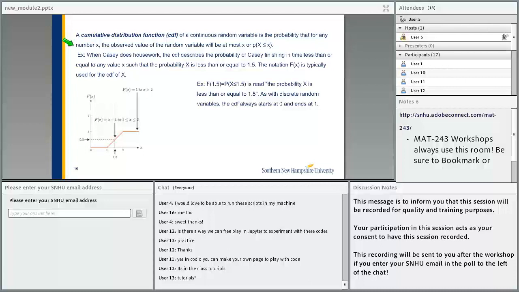So we don't have to worry about the calculation part of it, but you just want to understand that the cumulative distribution function is nothing but finding the probability of X being less than or equal to x. For example, when Casey does homework, the CDF describes the probability of Casey finishing in time less than or equal to any value x, such that the probability x is less than or equal to 1.5.